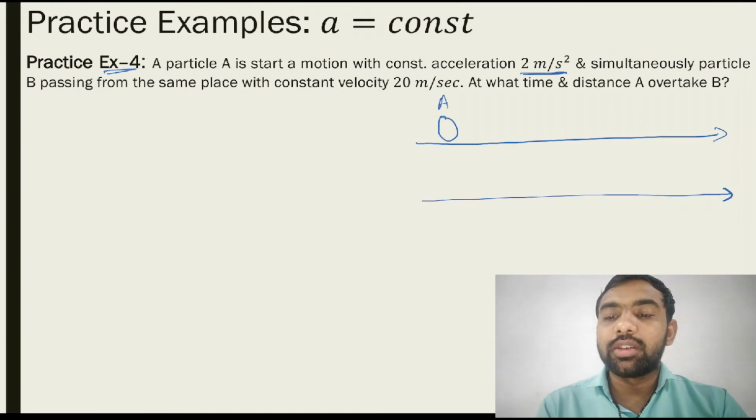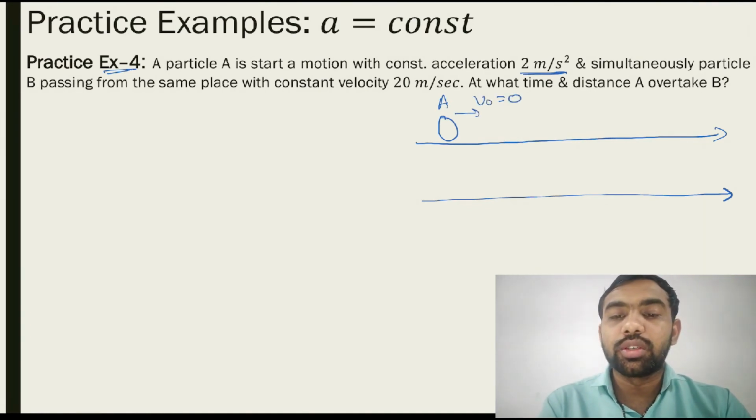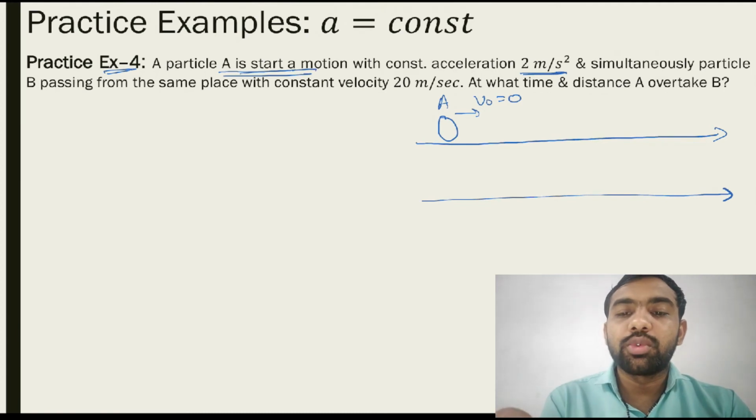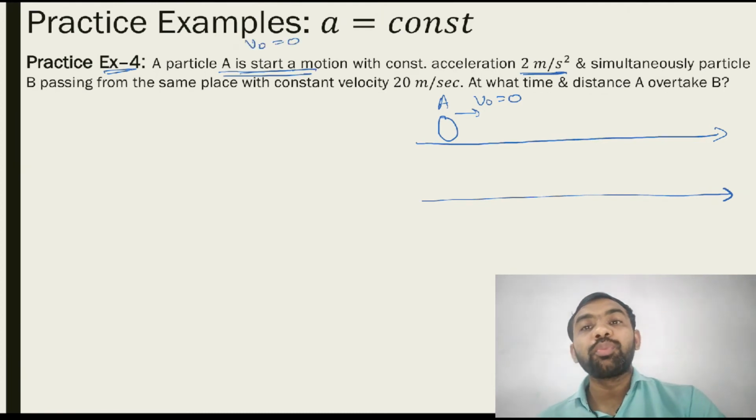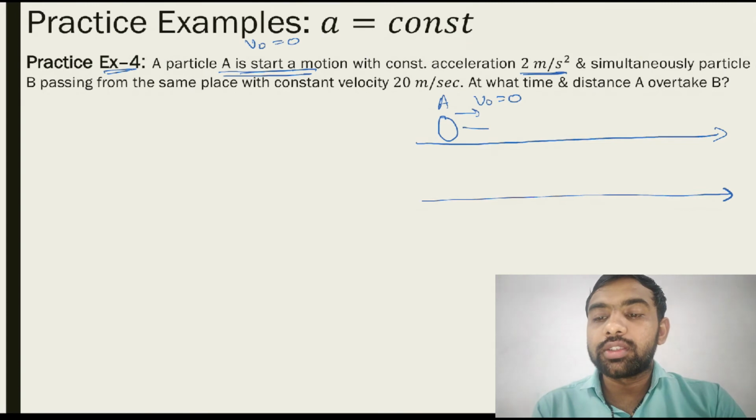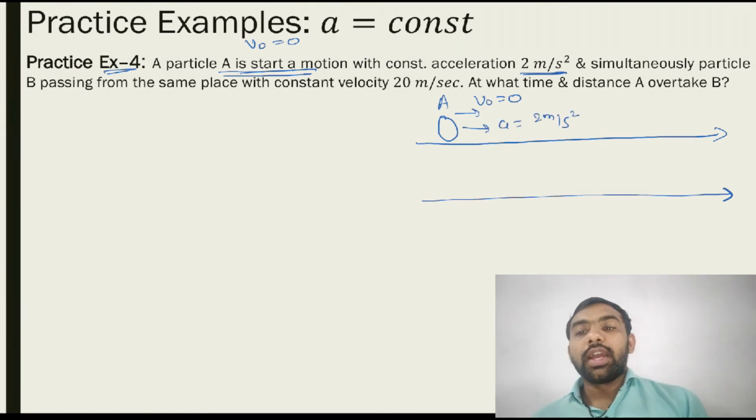Particle A actually starts the motion, so initial velocity v0 is equal to 0. Particle A starts the motion, means initial velocity is equal to 0, and moving with constant acceleration a is equal to 2 meter per second square, and simultaneously means at the same time particle B passing from the same place with a constant velocity.